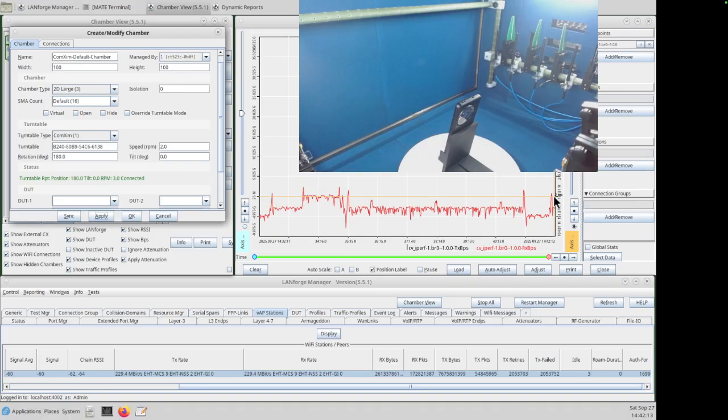You can see this peak in the throughput, and then it settles back down, similar to what we had at position 0, around 165, 170, and we have a solid MCS 9 with a 225 megabit per second fire rate. All right, we'll leave it here for a minute, and the next position will be 270.